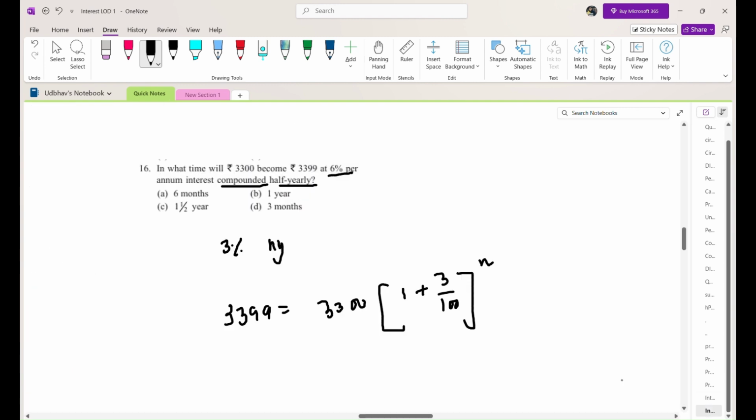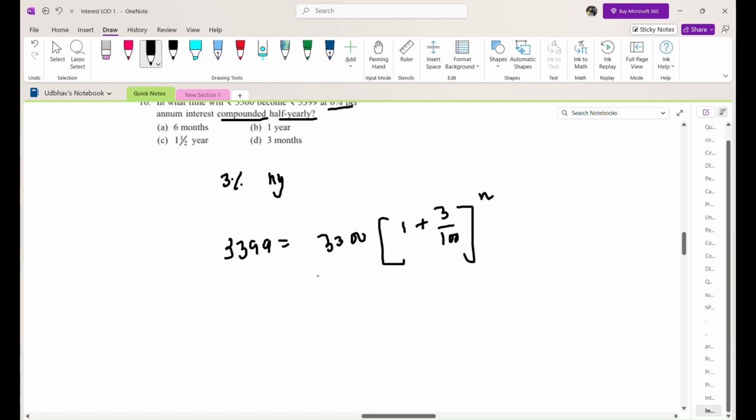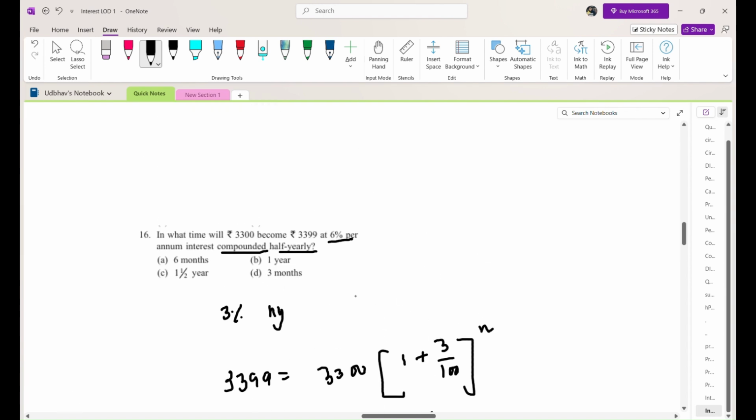So we can just do 3399 divided by 3300, 1.03, will give us 1.03 power n. So we can write 3 upon 100 as 0.03, and 1 plus 0.03 is 1.03. So what power of 1.03 will give us 1.03? So n will be 1.